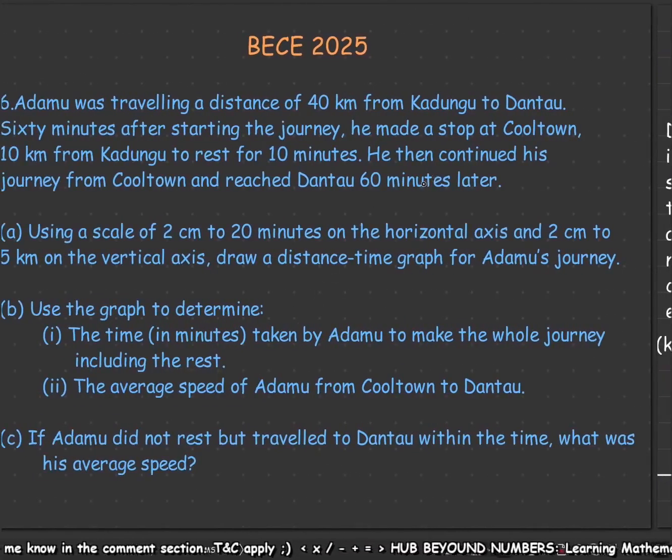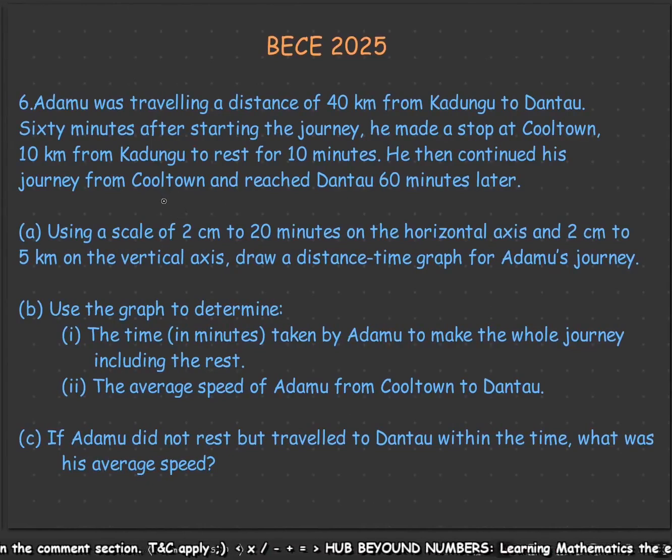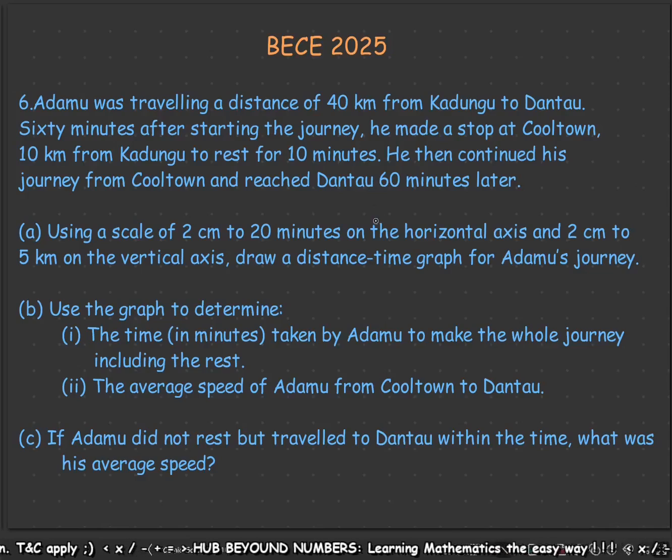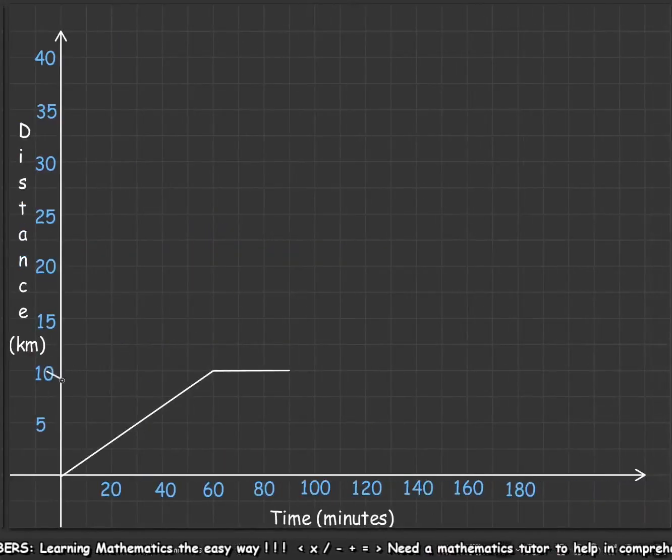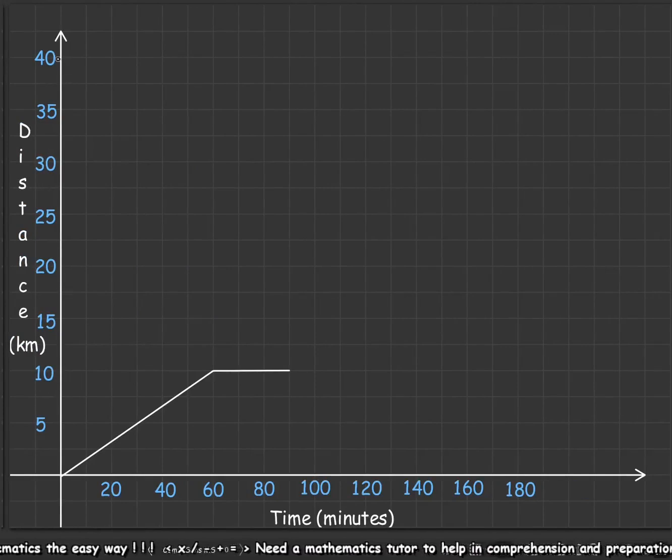It says that he then continues his journey from Kutown and reached Dantua 60 minutes later. And remember, we are told that Dantua is 40 kilometers away from Kudungu. So far, he has moved forward 10 kilometers. So it means we need to get here. But he's here now, right?